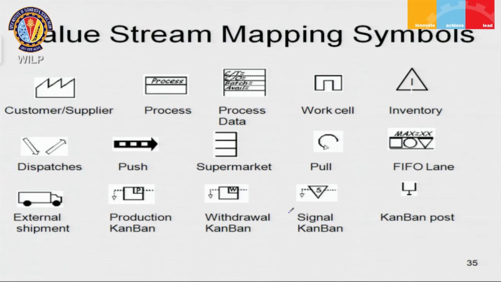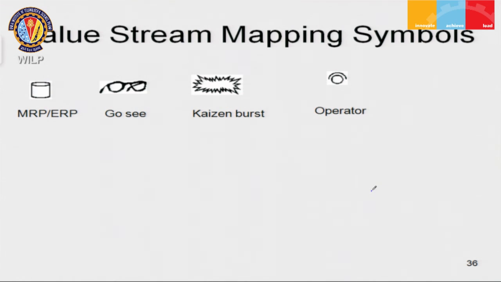Then there are different types of Kanbans, which we will again discuss when we get around to them. There's a production Kanban, a withdrawal Kanban, and a signal Kanban. And a Kanban post, which is where these Kanbans sit, is depicted in this manner. When we use some kind of a computerized scheduling or planning system such as MRP or ERP, we tend to denote that using this symbol.